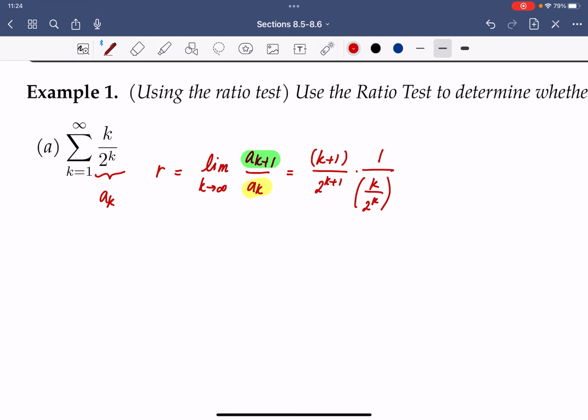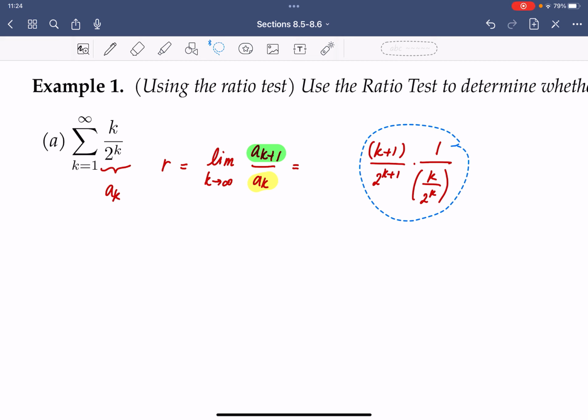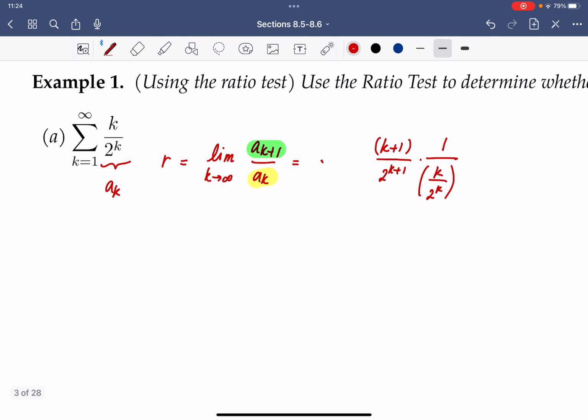To make it simpler, you can flip 2 to the k to the top. Let me move this a little bit. I need the limit sign here as well. If I move 2 to the k to the top, it's going to be 2 to the k over 2 to the k plus 1.